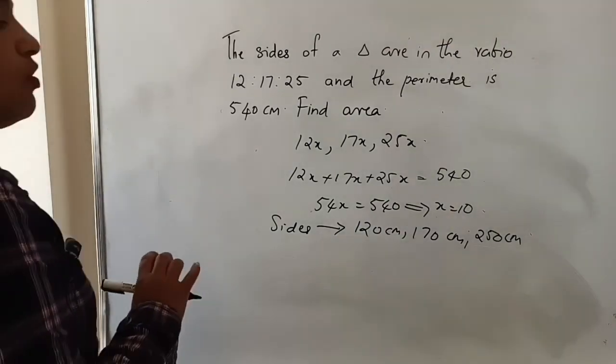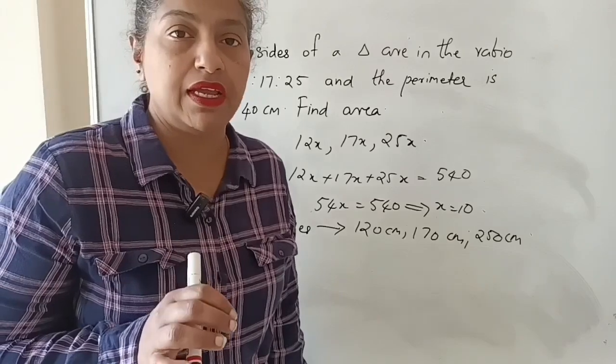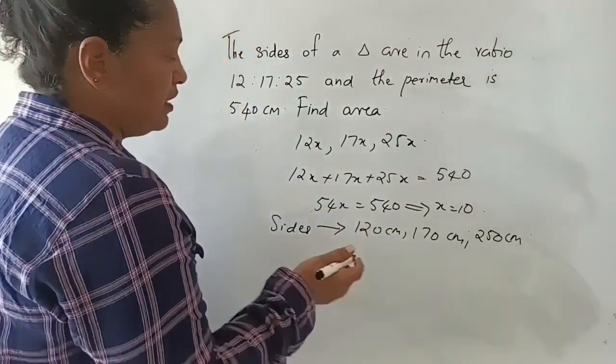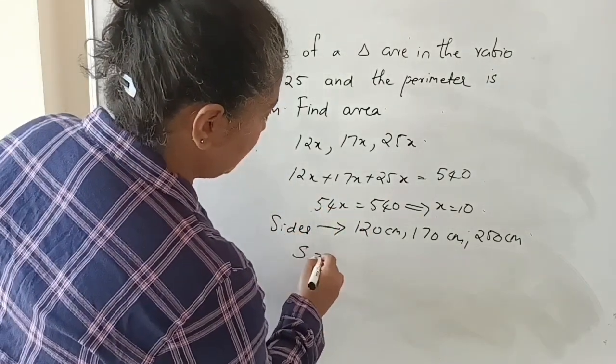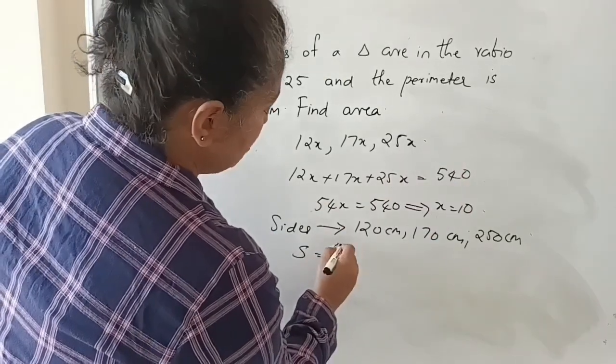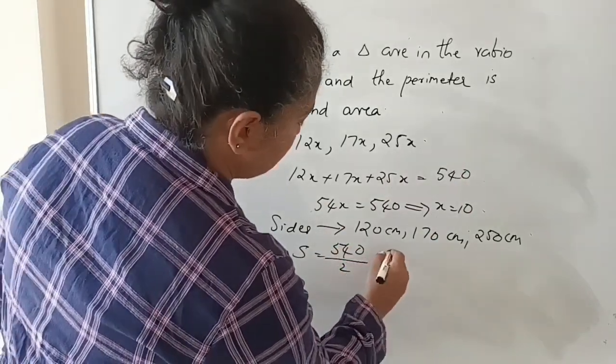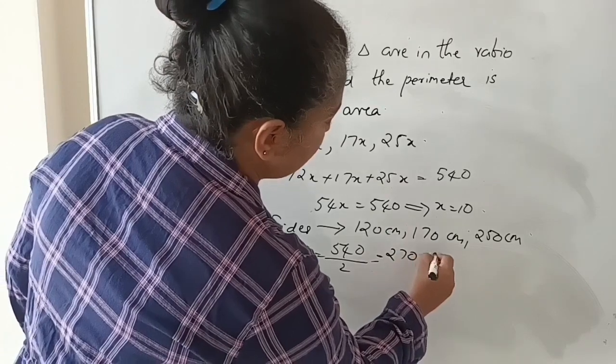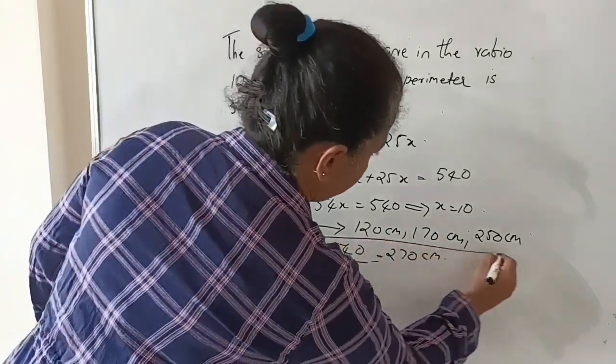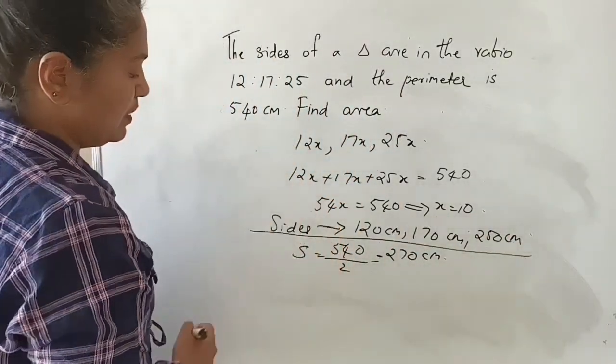Now that you have got the measure of all the three sides of the triangle, we can start with Heron's formula. The first step is to find the semi-perimeter. Perimeter was already given to you. So semi-perimeter becomes 270 centimeters. Okay. Now let us apply Heron's formula.